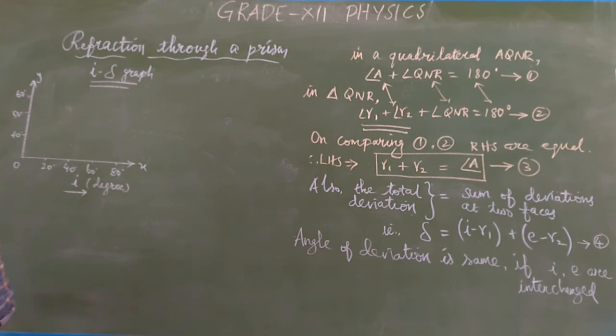When the angle of incidence is less, the angle of deviation is more.